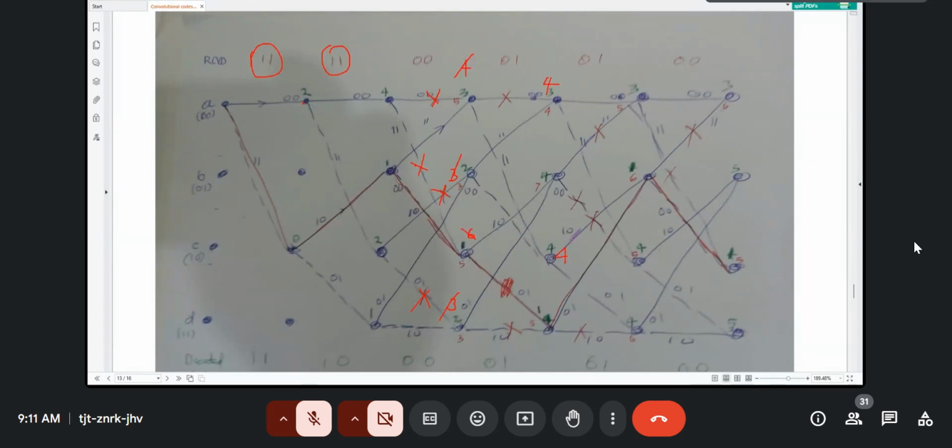We come here. This is 2. Distance is 1. So this will be 2 plus 1. This is 3. Remove 4. So you have 3, and therefore it eliminates that path. So you're only remaining with this path here.